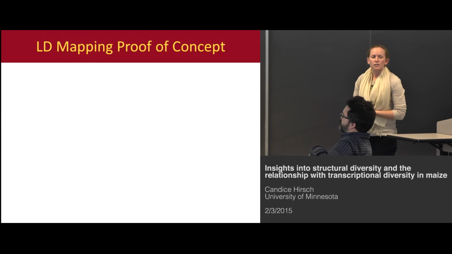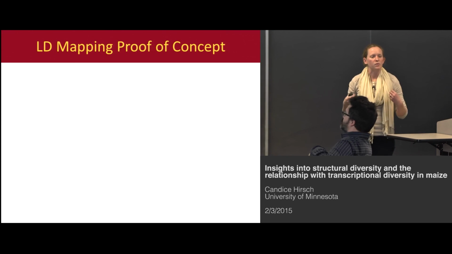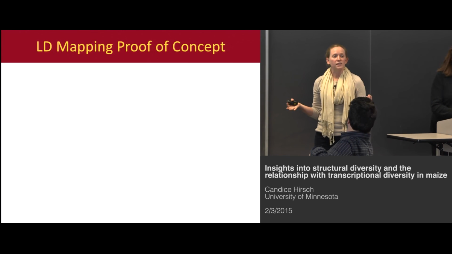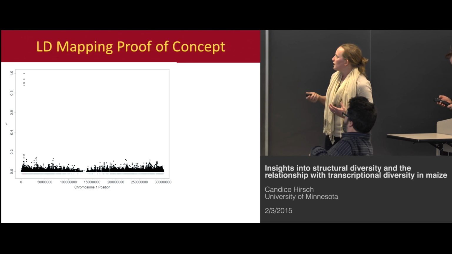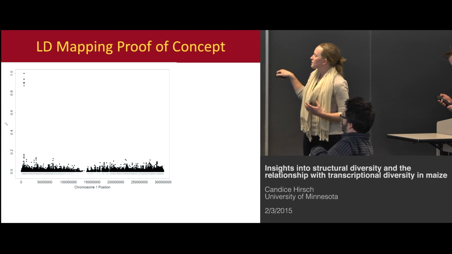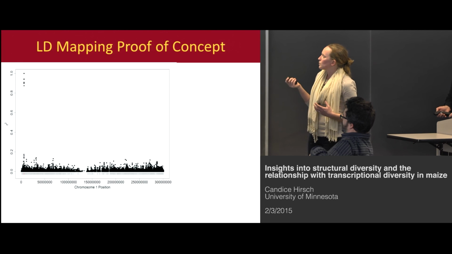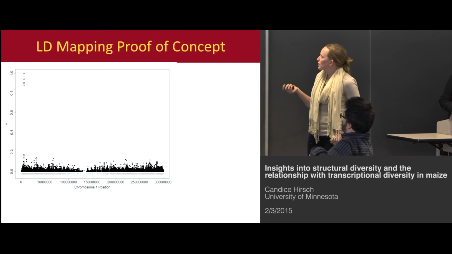We first did this as a proof of concept with a known B73 gene. We took a gene from the reference and asked, if we use this approach, do we place it into the right position using LD mapping? Here I'm showing an example of one particular B73 gene that was located on chromosome 1, and here are the R² values for SNPs throughout chromosome 1.